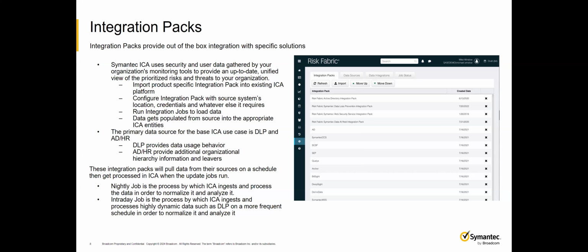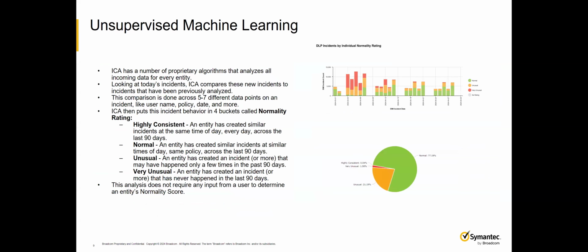Okay, before we move on to the specifics of ICA and DLP, we have these last two slides that are quite important for two reasons. First, I'd like to talk about unsupervised machine learning, and I'll come on to supervised machine learning in the second slide.